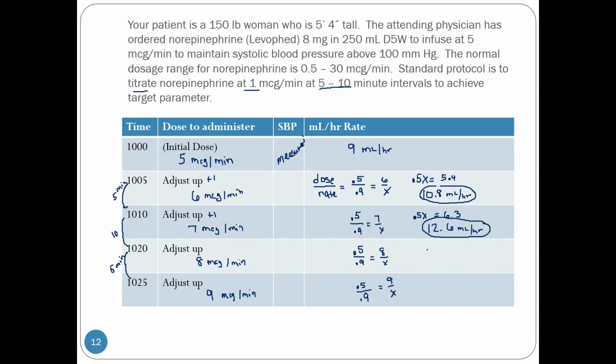And I continue. So 0.5x equals 7.2. And then divide by 0.5, and I get 14.4 milliliters per hour.